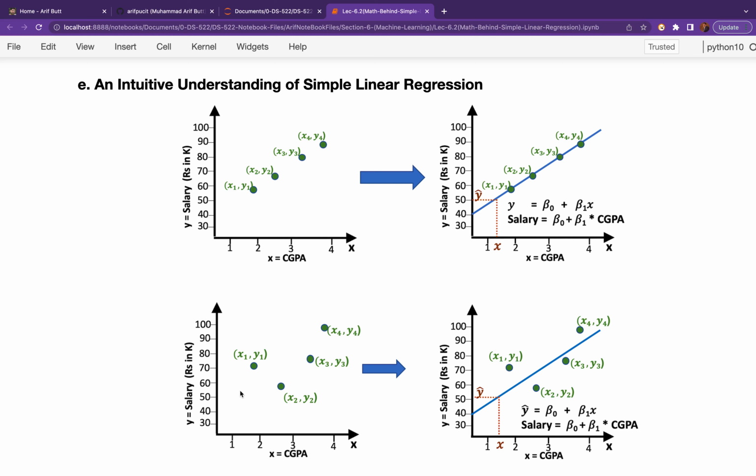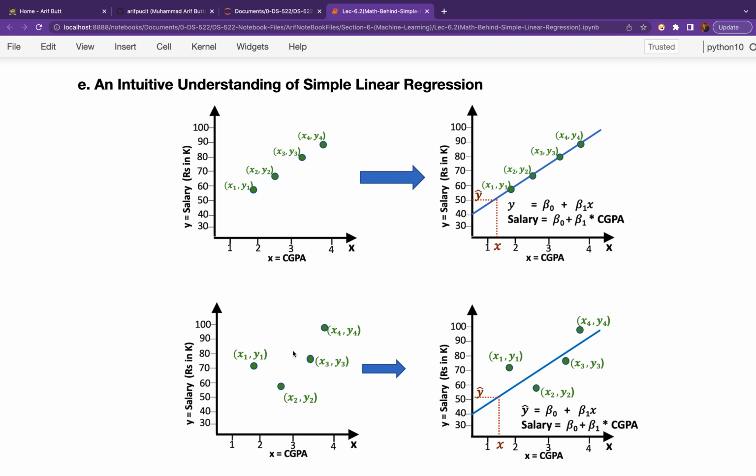Now consider this bottom left scatter plot having 4 points which are not collinear. These are not exactly in the same line. The data seems to be sort of linear but not exactly linear. That is, we cannot draw a single line that can pass through all these 4 points. Now the $100 question is, how can we draw a line that can pass as close as possible to all these 4 points?